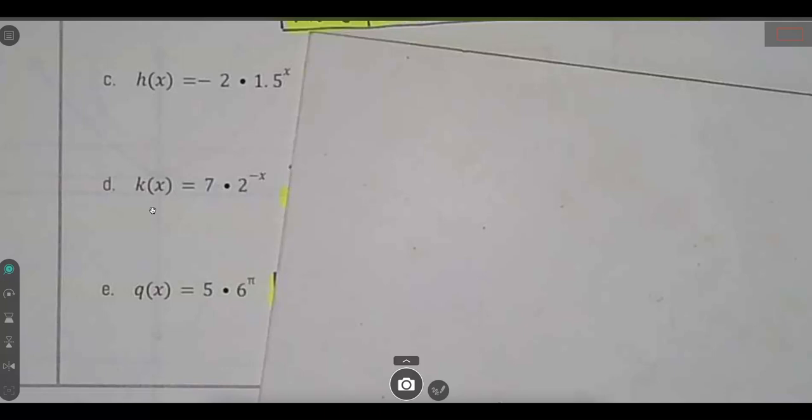So remember, in order to be an exponential function, it has to have a variable in the exponent. Okay? All correct. Good job. Oh, sorry. Wait, are you writing yes or no? All correct. So you're telling me the initial value and the base, or why it is not an exponential function.